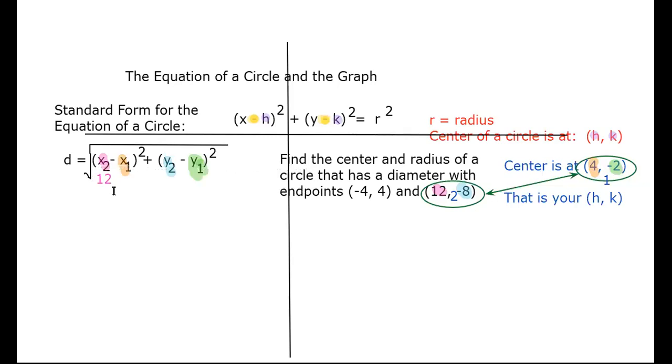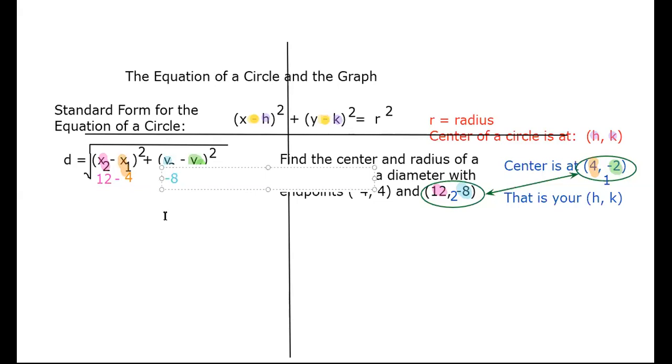We're going to have 12 minus our X1. Our X1 is 4, minus 4. And then the other one, we're going to have negative 8 because that's what our Y2 is.